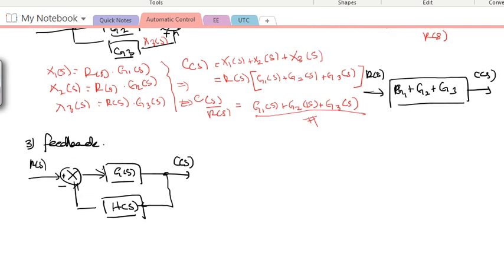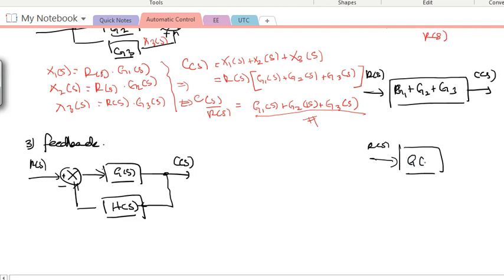Okay, how do we simplify this into, again, one single transfer function of the same RS? Let's say I want to call the simplified transfer function GS, and the output CS. How do we simplify it from this feedback transfer function to become one single transfer function?